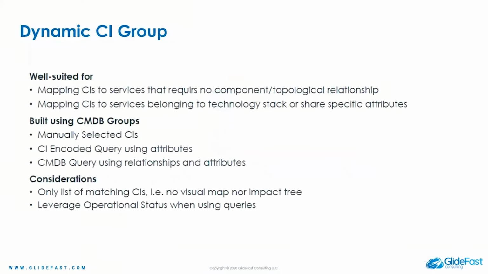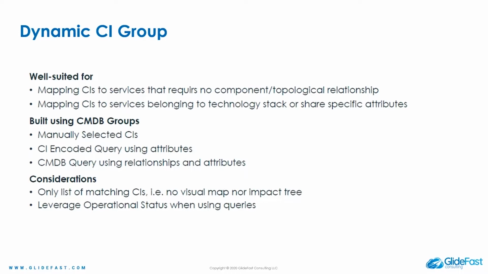Now I'm just going to cover each of those categories and describe the benefits, or where they should be used. The dynamic CI group is well suited for mapping CIs to services that require no components or topological relationships. So let's say you just want to map all your Linux servers in a specific data center, or all your Windows servers, or, let's say, Windows Server 2012 for a specific attribute as well.